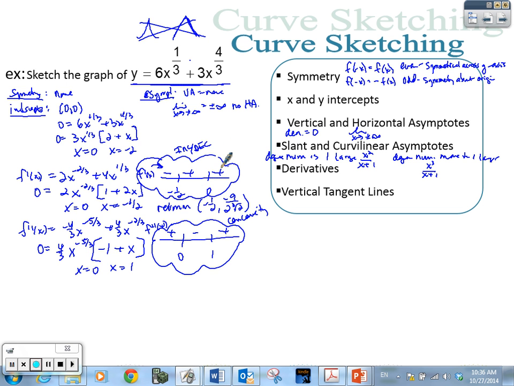So because of this additional information, we have an undefined. We are continuous in the main function, but undefined on the derivative. That means that there's a vertical tangent there. So we do have a vertical tangent at 0, 0.